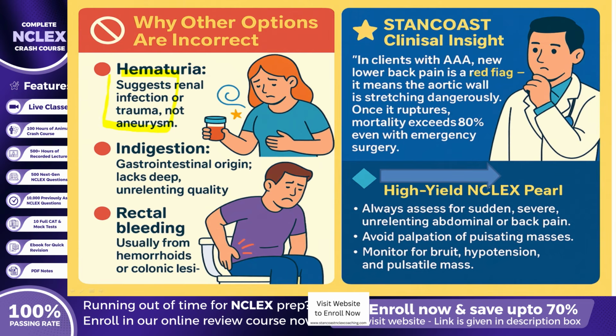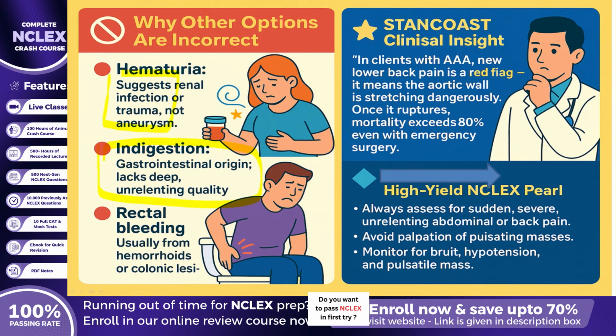Though an aneurysm might compress nearby renal arteries, hematuria would be a late and atypical manifestation. Option B, indigestion, may seem like a vague discomfort, but is more consistent with gastrointestinal issues such as reflux or peptic ulcer disease. It lacks the deep, constant nature of aneurysmal pain and is not a reliable indicator of dissection.